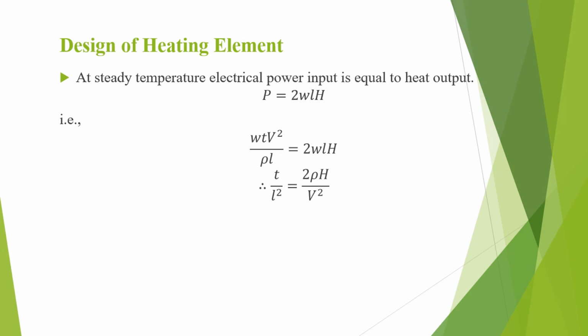Substitute the value of P, that is WT V square by rho L, in this equation. We get WT V square by rho L equal to 2WLH. Therefore, T by L square equal to 2 rho H by V square. Solving the two equations, L by WT and T by L square, we can find out the terms L and W, that is length and width of the rectangular strip, given the value of thickness of the rectangular strip.